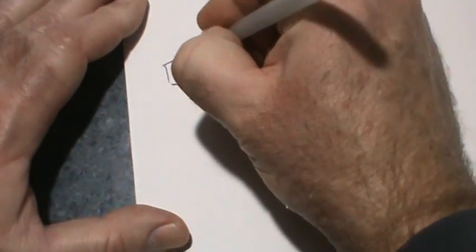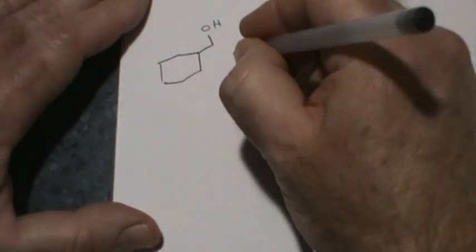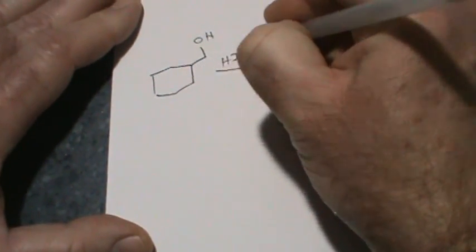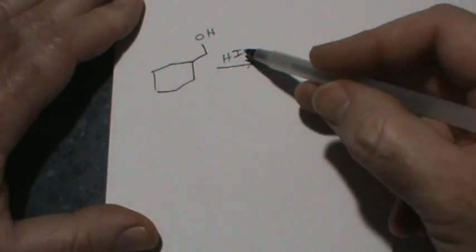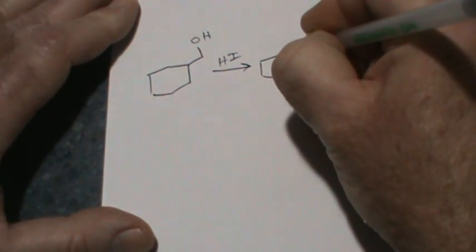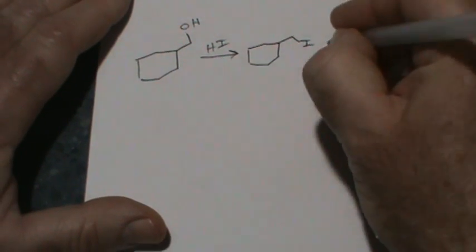Here we go. We started with this alcohol, which has a poor leaving group. We needed to convert it into a good leaving group, so I chose the reaction with HX, and in particular I chose HI. You could use HBr or HCl to put a better leaving group on board.